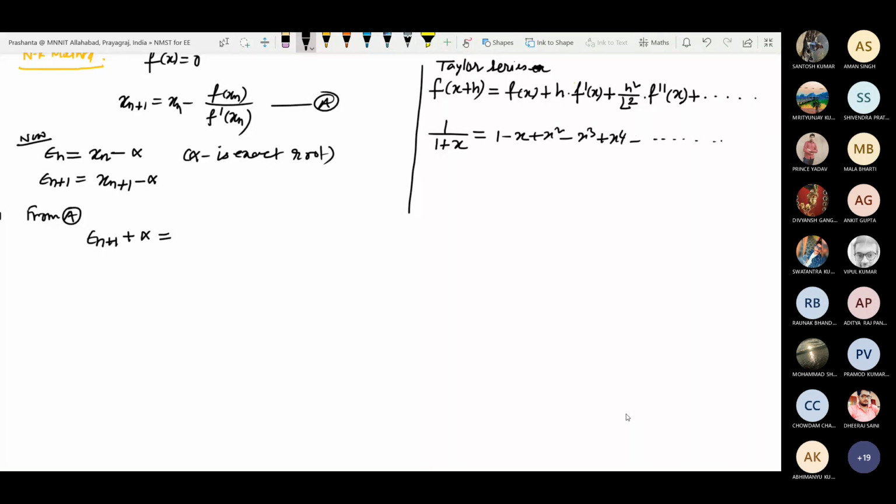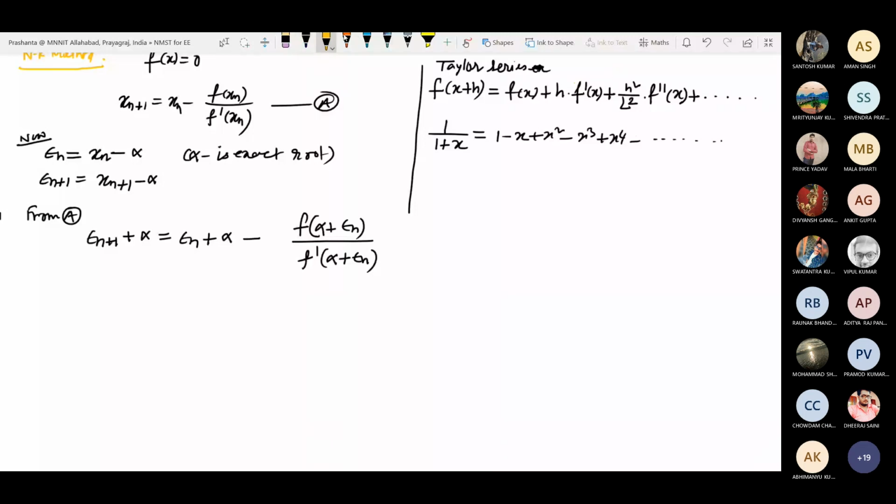Yes, sir. And what is x n? Epsilon n plus alpha, minus f of x n, which is alpha plus epsilon n, and in the denominator f dash of alpha plus epsilon n. Is that clear to you so far?